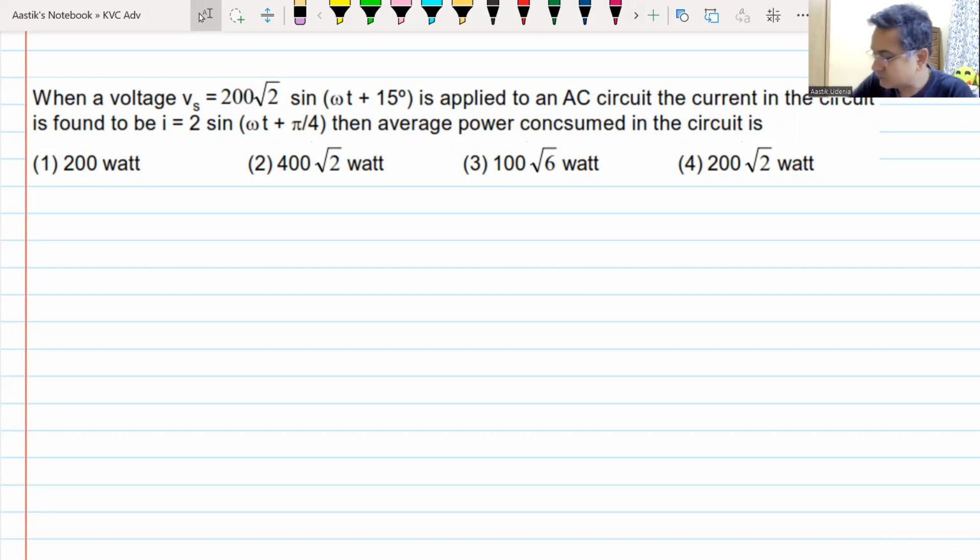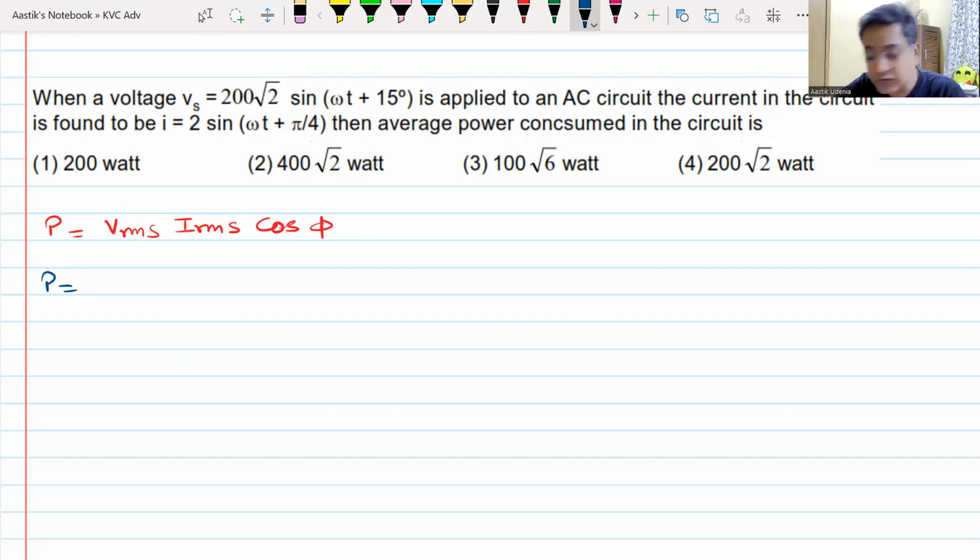Average power is VRMS into IRMS into cos phi. What is the value of VRMS?